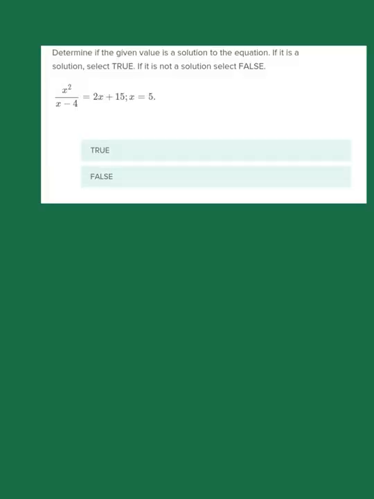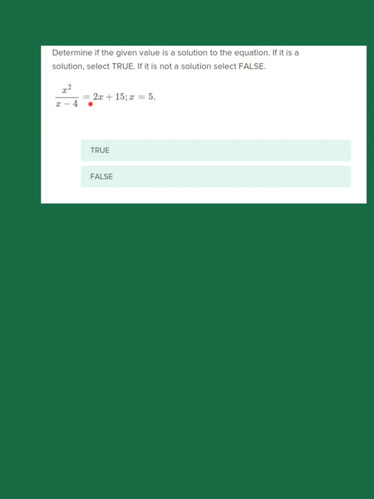All right, here's an example. It says determine if the given value is a solution to the equation. If it is a solution, select true. If it is not a solution, select false. So this is an equation right here. How do I know it's an equation?